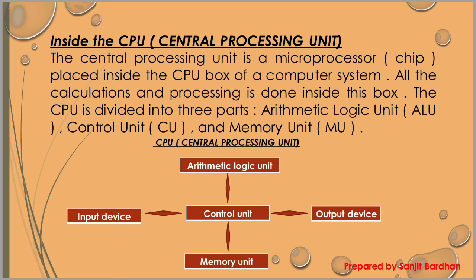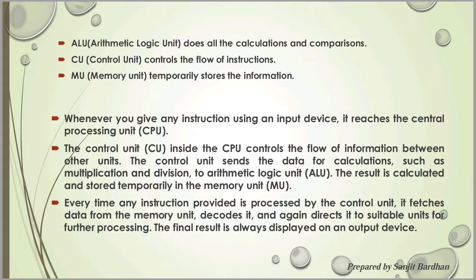Then the data comes to the memory unit. Memory unit stores the data for some time, or temporarily. Then the computer will generate a result as output and it comes to the output device. That means input, process, output. In the processing unit, these three units are there: arithmetical logical unit, control unit and memory unit. So move on to the next page.